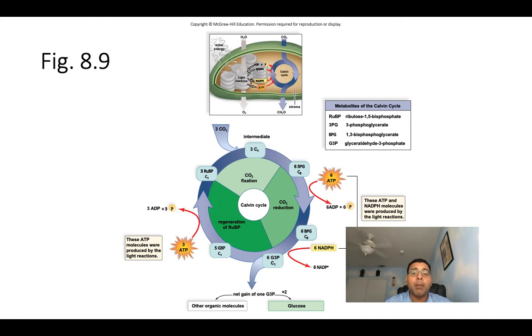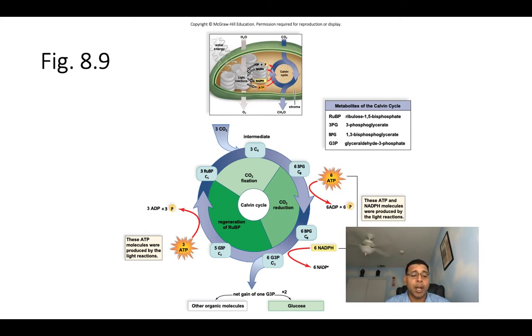Each 6-carbon molecule then splits in half, forming a total of 6 3-carbon molecules. The first 3-carbon molecule is called 3-phosphoglycerate, or 3PG. The enzyme that speeds this reaction is called RuBP carboxylase. It is a protein that makes up about 20 to 50% of protein content in chloroplasts.